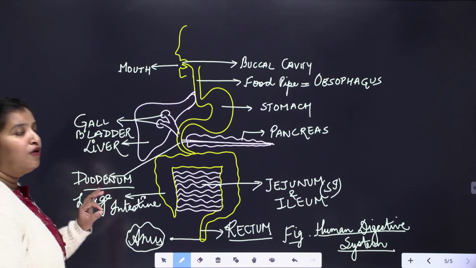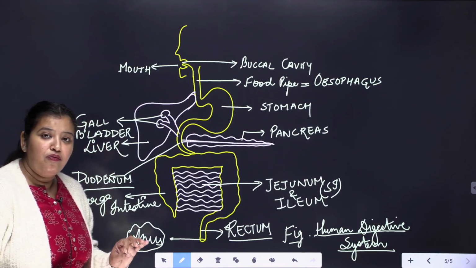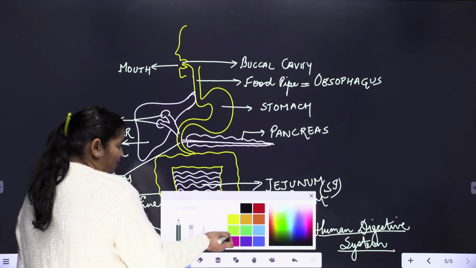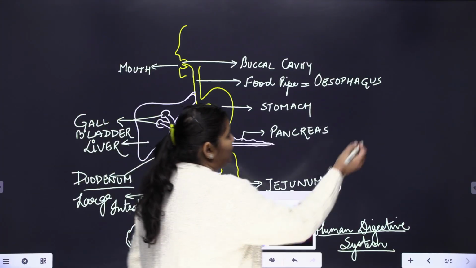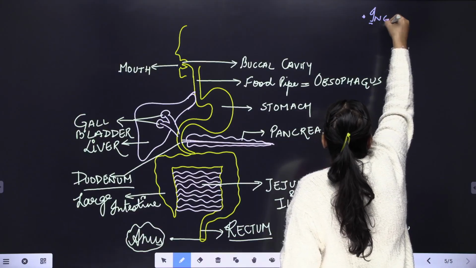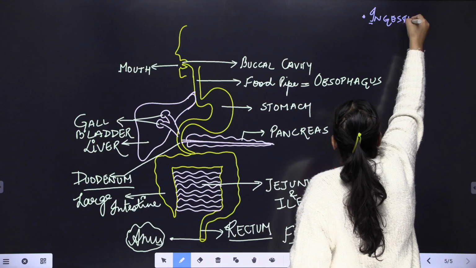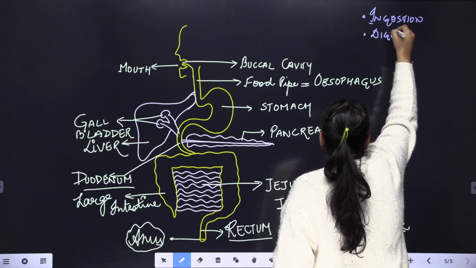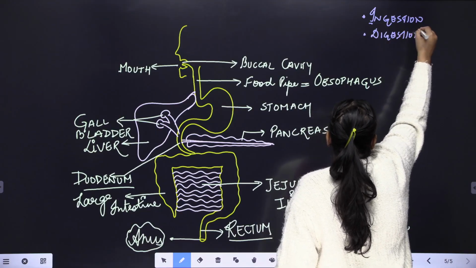All right. Now let us have a look at each of the part one by one. Again, the process of nutrition in case of human beings will be completed in the 5 steps. Let's quickly revise those 5 steps and write their names. The first was ingestion. The second is digestion.